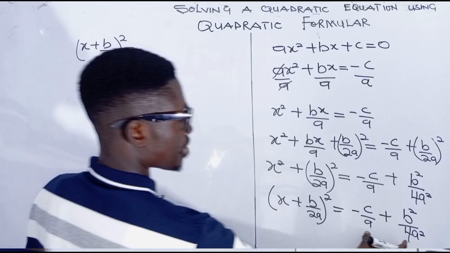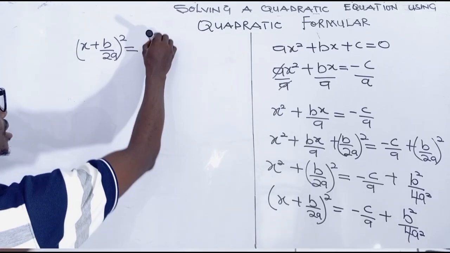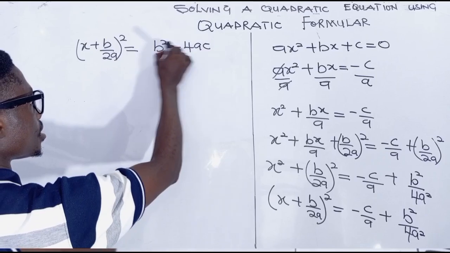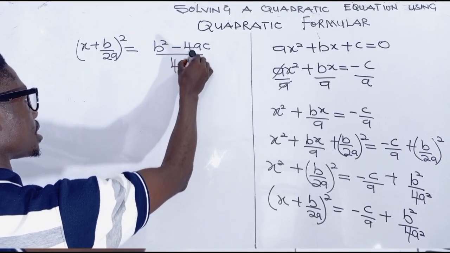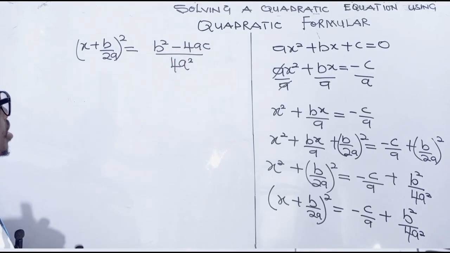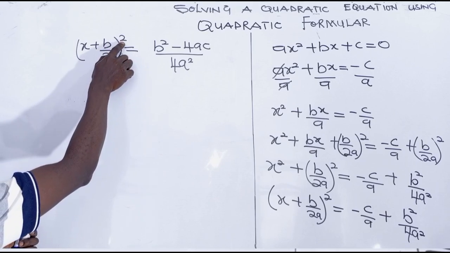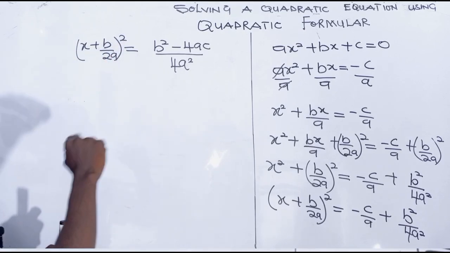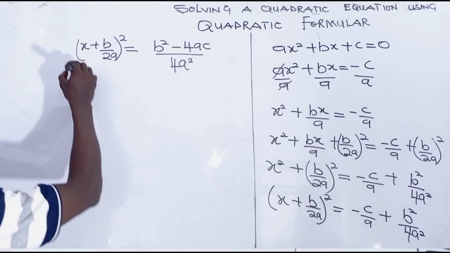So when you simplify this, you are going to get b squared minus 4ac all over 4a squared. Now we are looking for x, but we have a squared variable here. So we can do away with the square by taking the square root on either side of the equal sign.